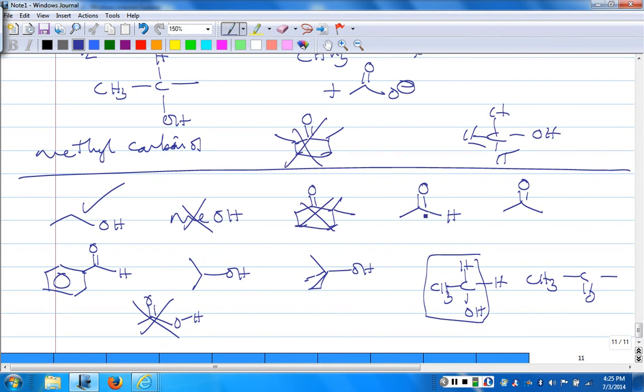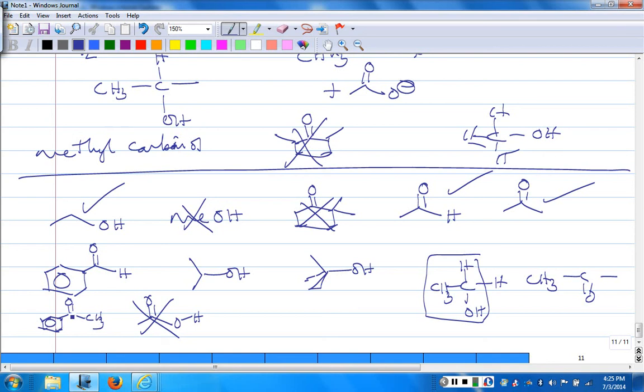What about this one? CH3 C double bond H. CH3 C double bond H is allowed? Yes. This one, CH3 C double bond something at the aldehyde level? Absolutely. This one, well, it's not even a CH3 in this mixture, so that's out. But of course, if I had acetophenone, right?